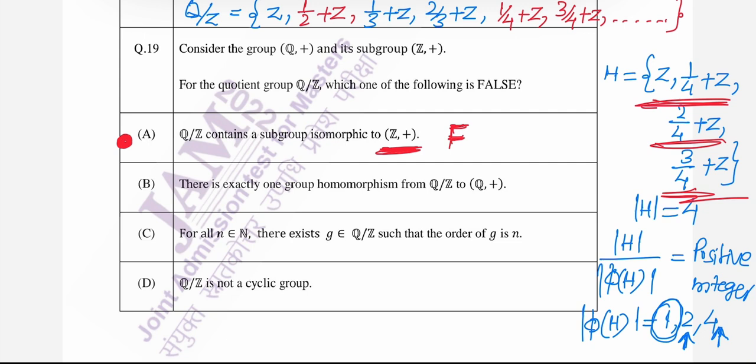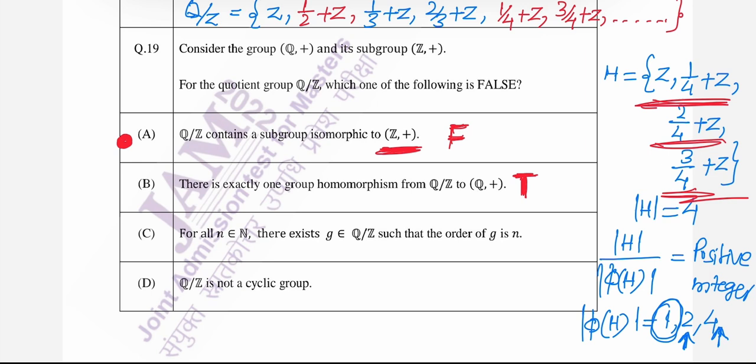This means that there is only one homomorphism from Q by Z to Q plus. So our option B is true. Okay, it is true. So option B should not be marked in the examination because we have to choose the false one. We have already chosen. We are going to see the remaining options for learning purposes only.